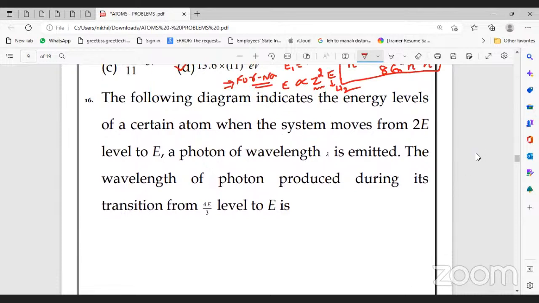Come to this. The following diagram indicates the energy levels of a certain atom. When the system moves from 2E to E, a photon of wavelength lambda is emitted. So let me write. This is 2E.